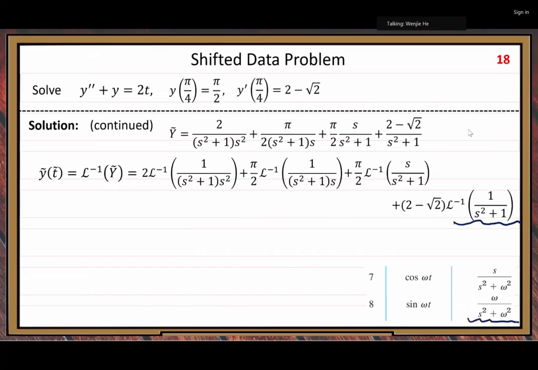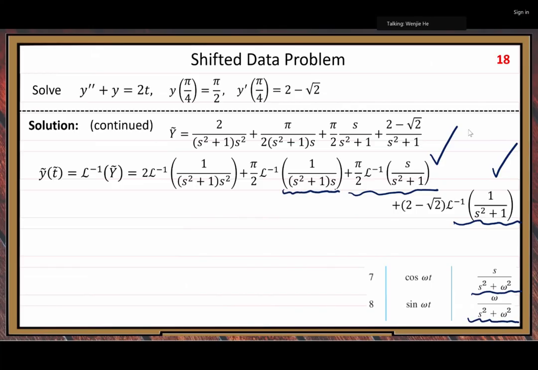Omega equals 1. So the last term, we have it. Then, the second to last, also omega equal to 1. So this inverse Laplace transform, we have it quickly. Then, we only need to work on the first two. Let's work on this first.